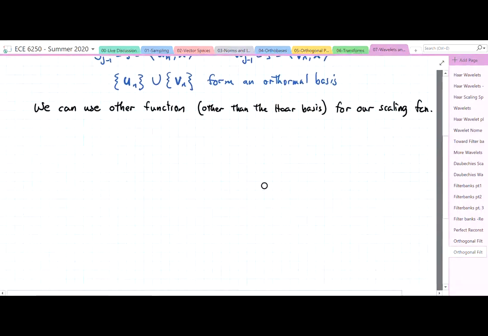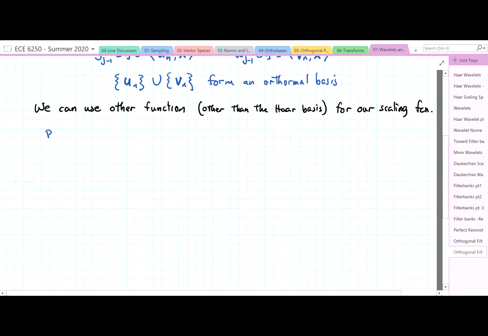Okay, so the first thing that we want is an ortho basis. We've already become addicted to how much easier that makes life, and so we want v naught of t minus k.